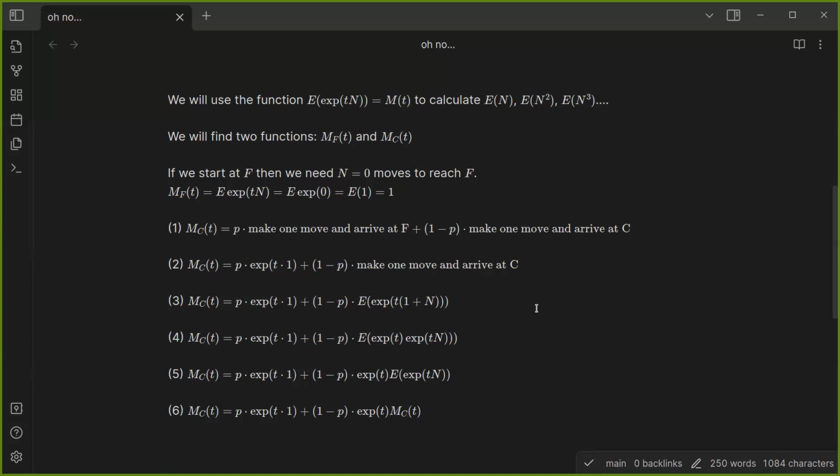And the second possibility, we just remark that after the first move, the situation is exactly the same as the initial situation. So the number of moves once again is random, n, but we should augment it by 1 because 1 move is in our past.